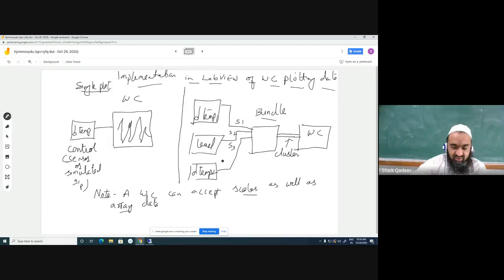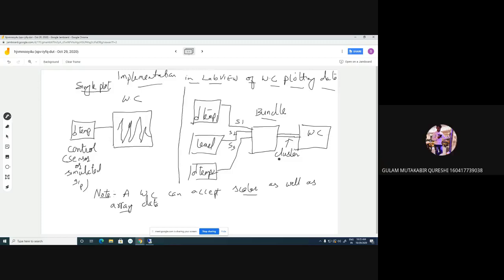But in this case, I am showing you an array type of data, which is a cluster in this case. So it means that waveform chart can accept scalar quantity as well as the vector data. Is it clear? Yes, sir. Okay, thanks for that. Can I move to next screen? Yes.